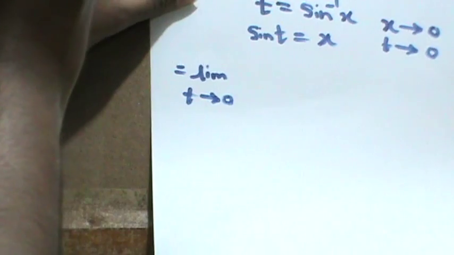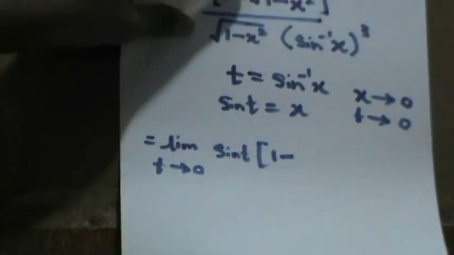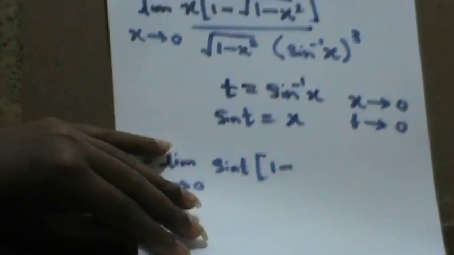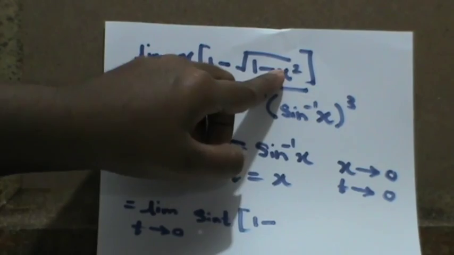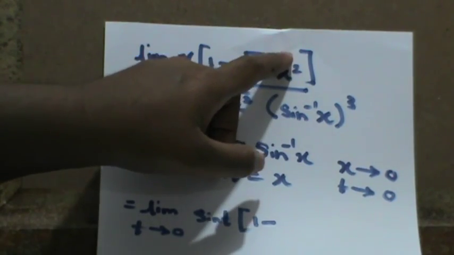So the next step is the limit when t goes to 0, where x is equal to sin t. If you substitute sin t here, 1 minus sin square t will be cos square t, and the root of that will be cos t.